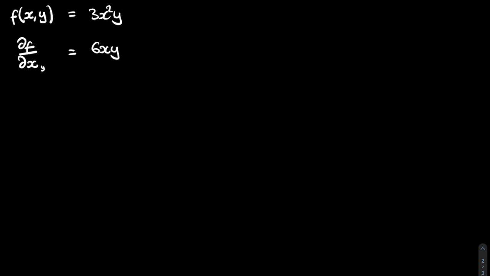So that's just a quick example of what a partial derivative is. And obviously you could do it the other way around. You could have the partial of f with respect to y holding x constant, and that's just 3x squared, and the y just turns into a 1. So again, those are the two different partial derivatives.